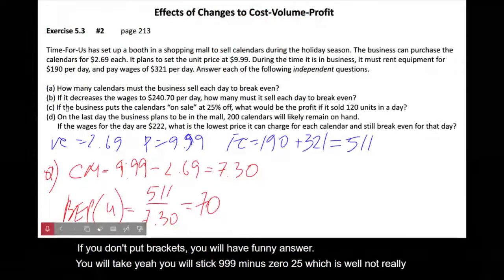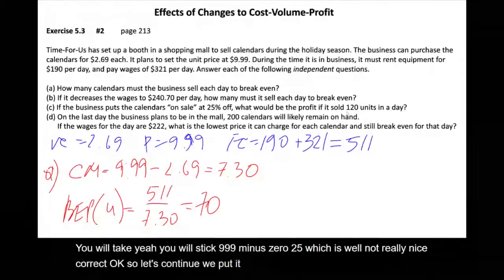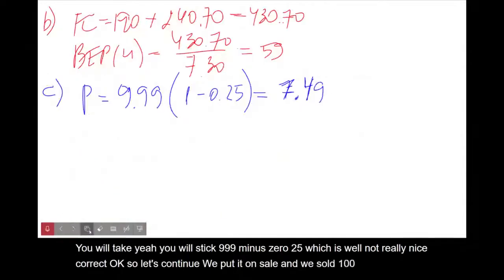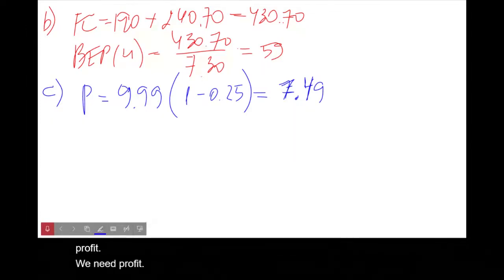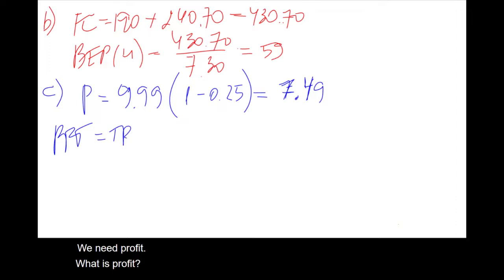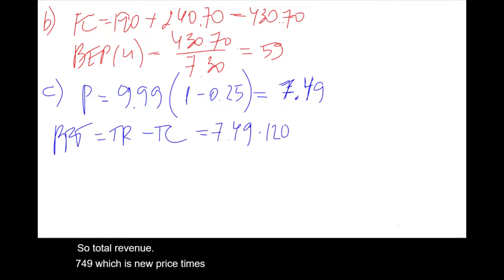Okay, so let's continue. We put it on sale and we sold 120, so we need profit. What is profit? Profit is total revenue minus total cost. So, total revenue: 7.49, which is new price, times 120.